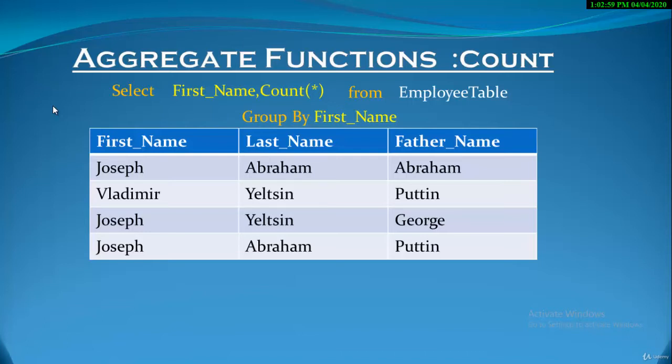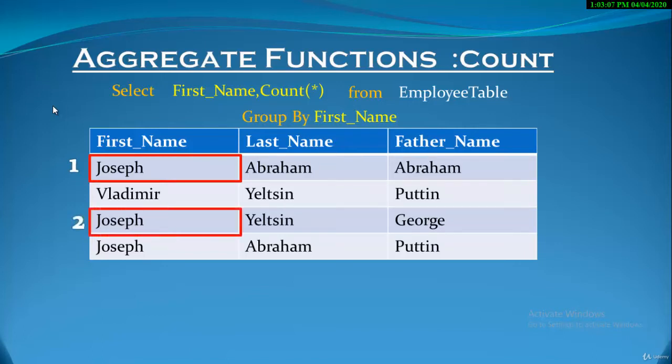Upon execution of this query, SQL Server will count the rows having word Joseph. You can see there are 3 rows where word Joseph is written, and there is 1 row where word Vladimir is written.